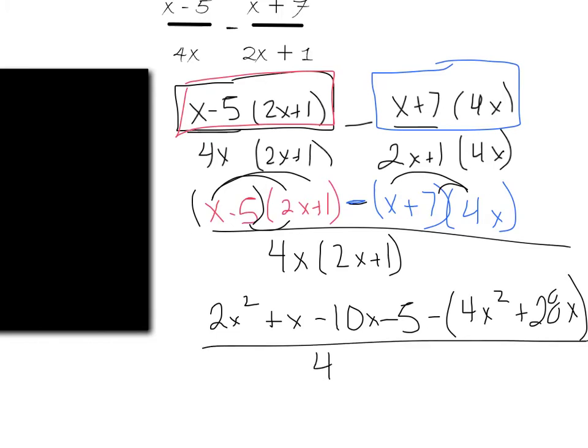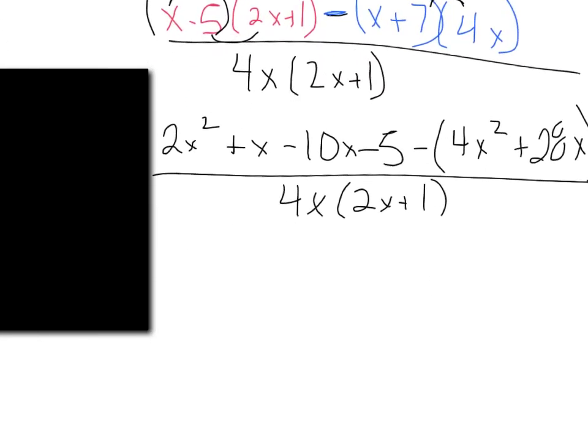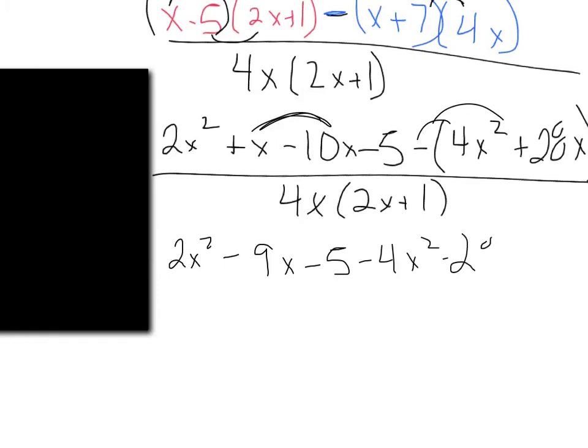And that's all over 4x times 2x plus 1. Now you know why I saved subtraction for last. So, giving that subtraction sign to both pieces, 2x squared, I'm going to combine those two to make it negative 9x minus 5 minus 4x squared minus a 28x, all over 4x times 2x plus 1.